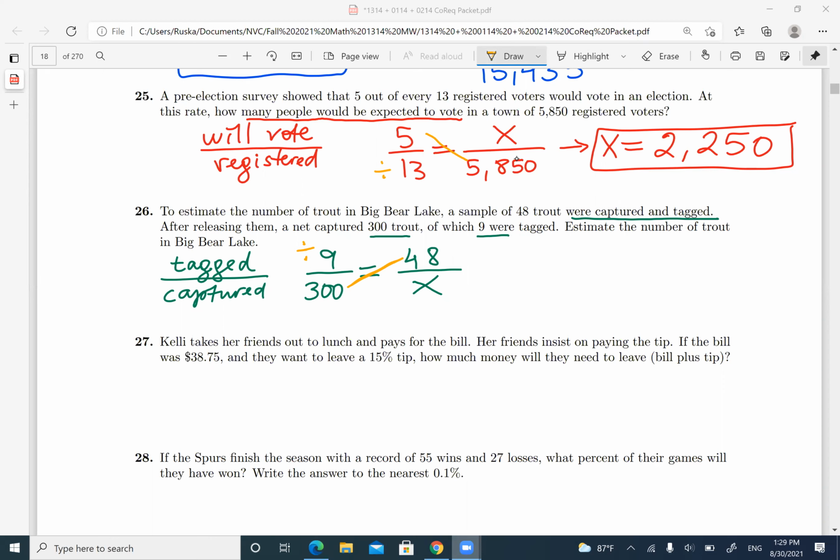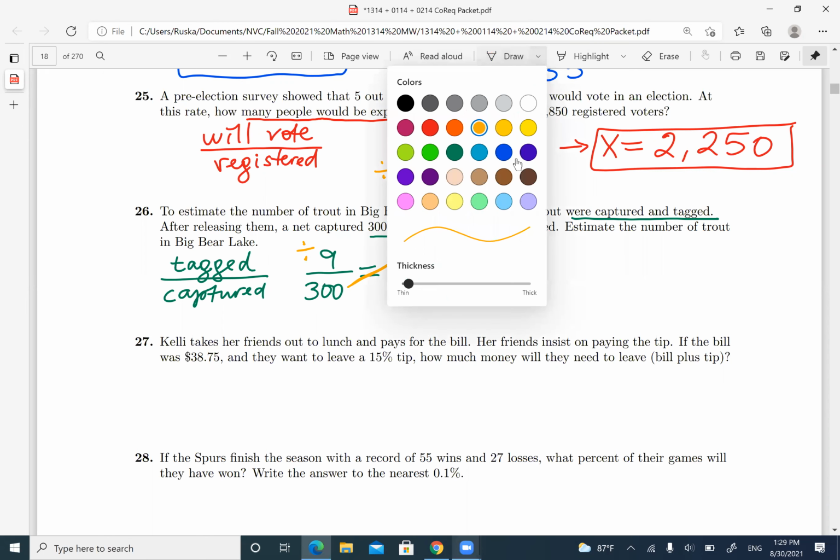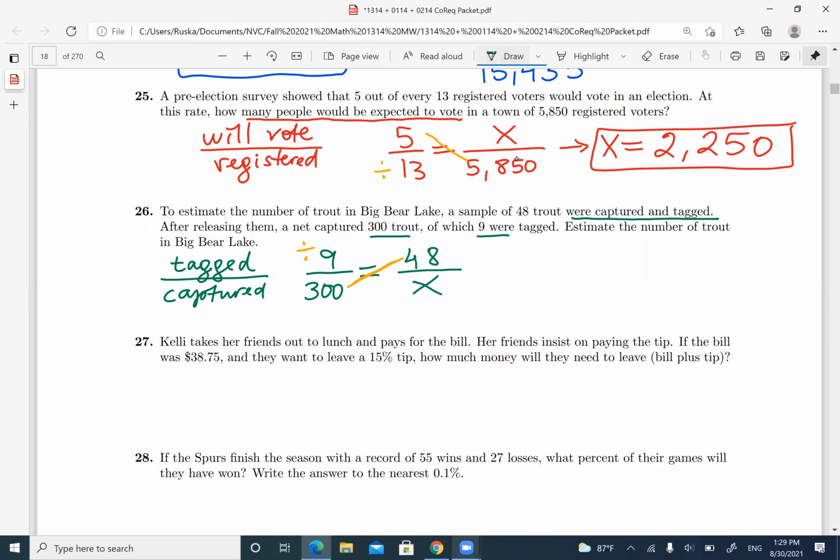So X equals, when I multiply 300 times 48 and then divide by 9, it's gonna be 1,600, right? Yes, ma'am. Thank you. So that's the answer.